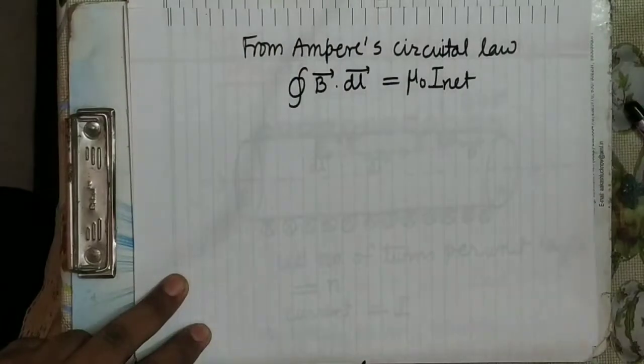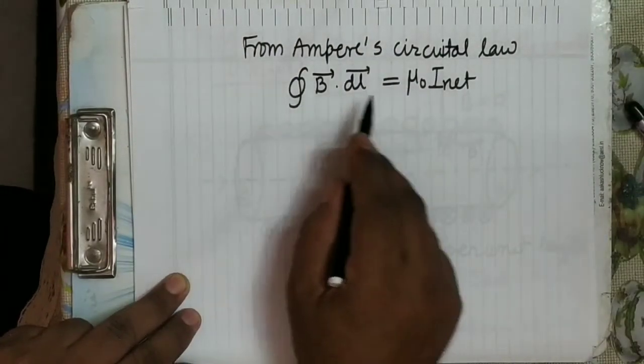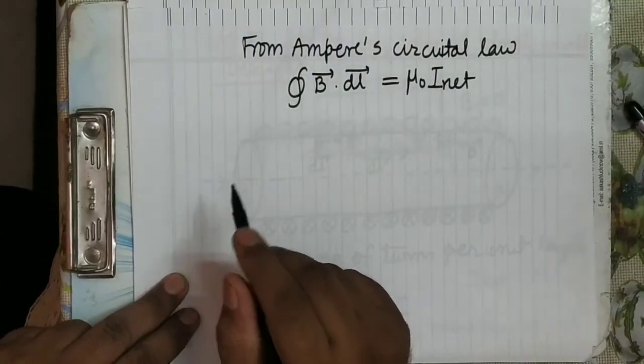So vector B dot vector dl equals mu naught into I net.